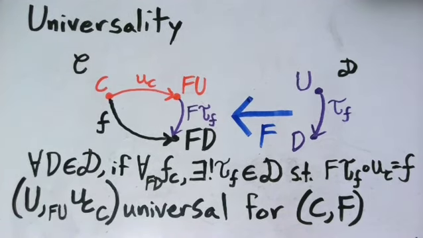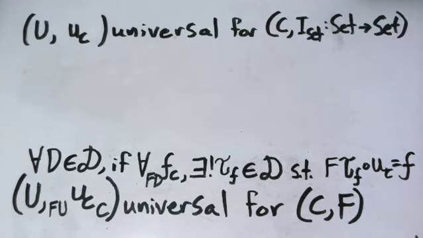So let's take a look at a couple of examples of universality, because oftentimes definitions in mathematics make a lot more sense once we've seen them applied to something. And so the simplest possible functor, arguably, would just be the identity functor on the category of sets. So let's try applying this definition of universality to the identity functor from Set to Set.